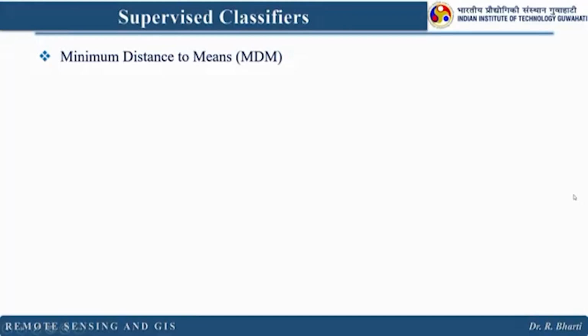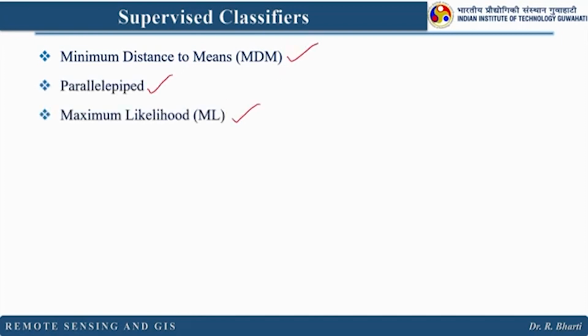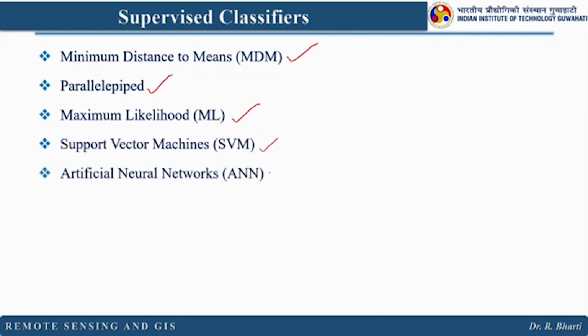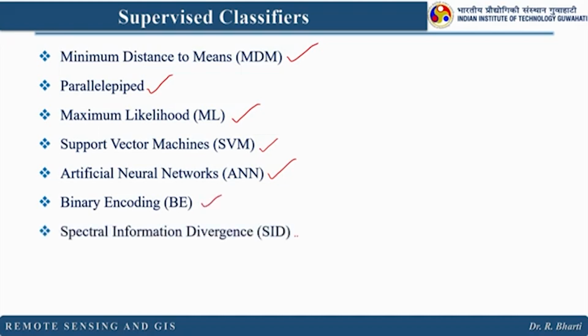There are different types of supervised classifiers. They are, first one is minimum distance to mean, second is parallelepiped, then third one is maximum likelihood, then support vector machine, artificial neural network, binary encoding, spectral information divergence, then non-parametric classifier.